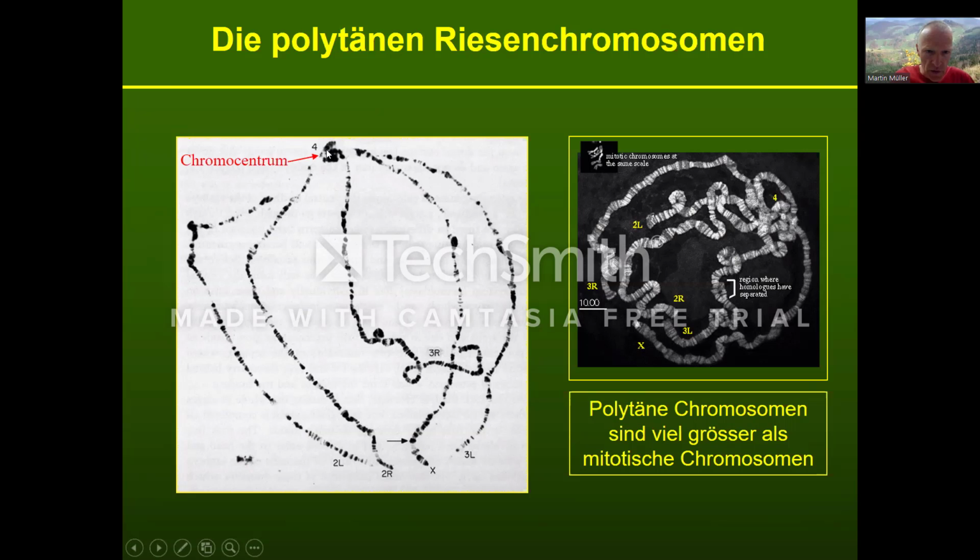Here, by the way, is the small fourth chromosome. This is the chromocenter. The chromocenter is under-replicated, meaning that it doesn't go through all these endocycles. So there is much less heterochromatic DNA, and it all coalesces here in the chromocenter. So what you are seeing here are the euchromatic chromosome arms, and each of them has a distinct pattern.